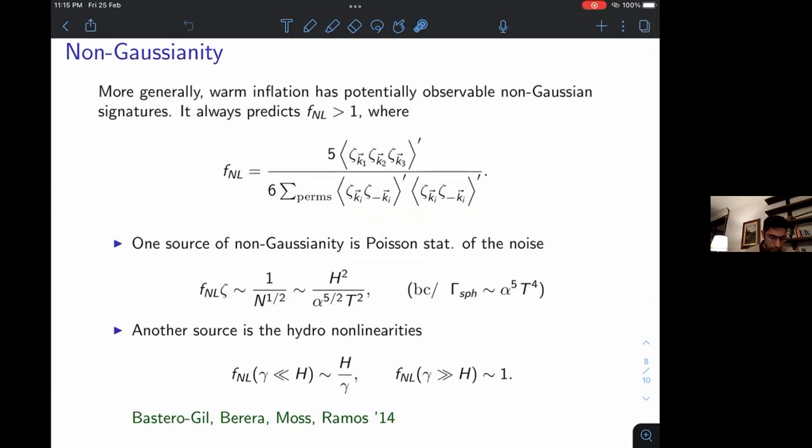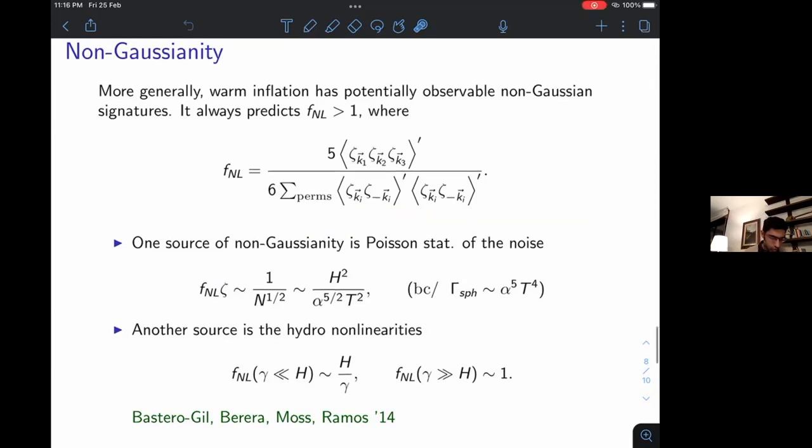What one can see is that this model actually always predicts f_NL larger than 1, but most of the time not too much larger than 1. Which means that there is a large range of parameters of warm inflation which are not ruled out yet, but they are within the range that we are hoping to achieve in the near future.